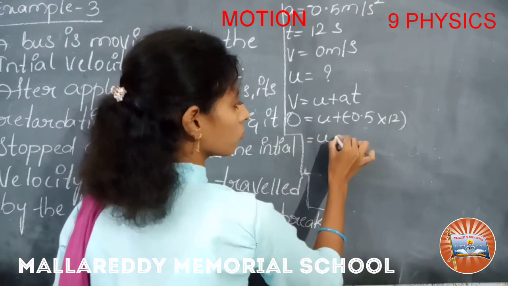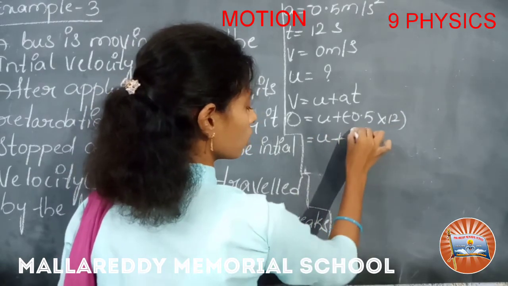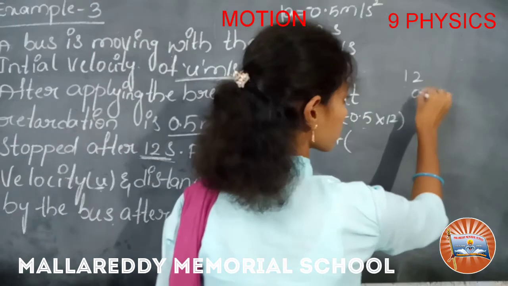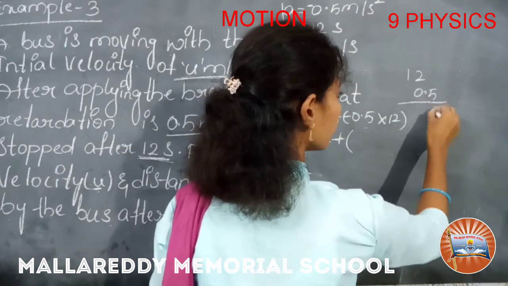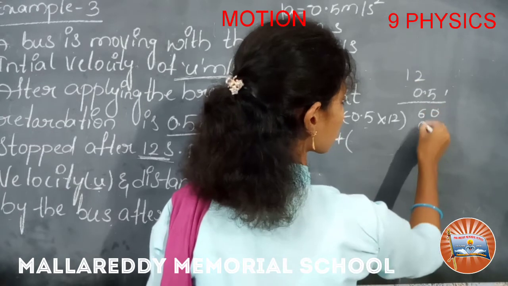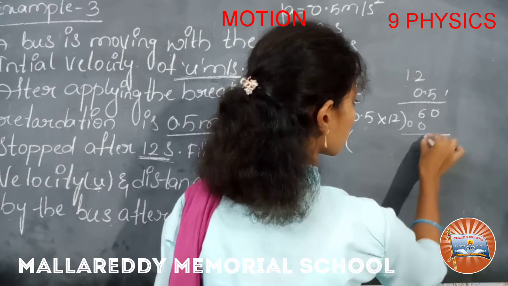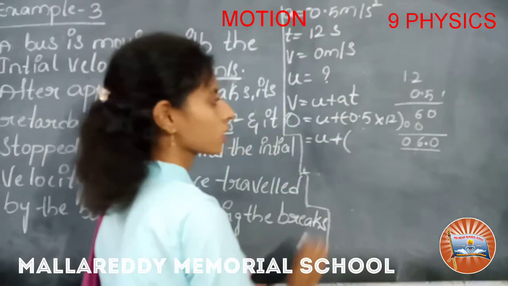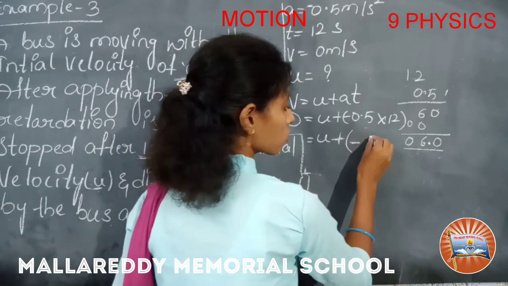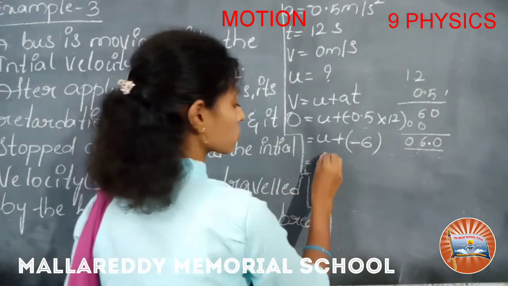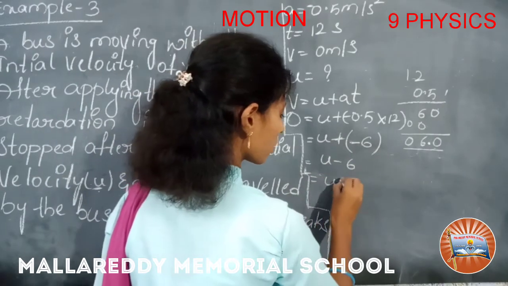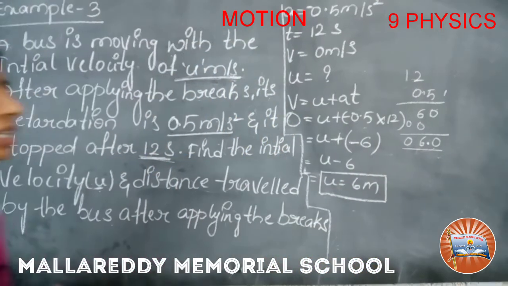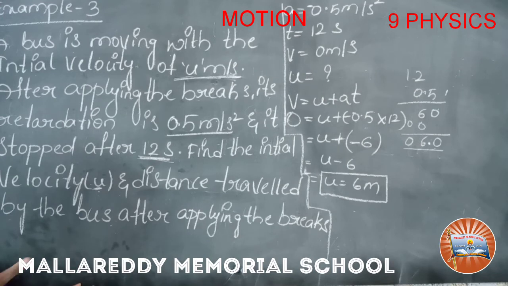So 0 is equals to u minus 0.5 into 12. 0.5 into 12 is 6. So u minus 6 is 0, so u is equals to 6. So we got the initial velocity here is 6 meters per second.